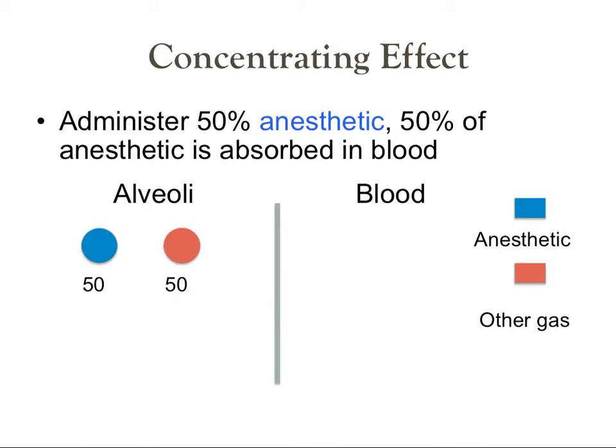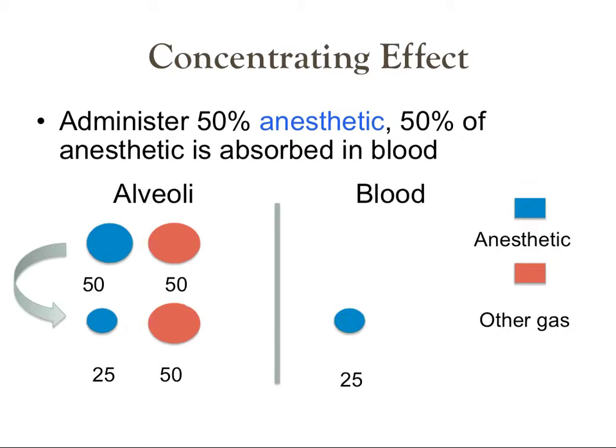Now consider the administration of 50% anesthetic with the same 50% uptake. But now you have 25 parts of anesthetic remaining in the alveoli and 25 parts that pass into the blood, and 50 parts remain as other alveolar gas.